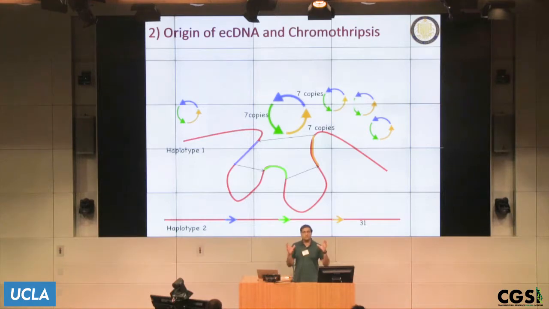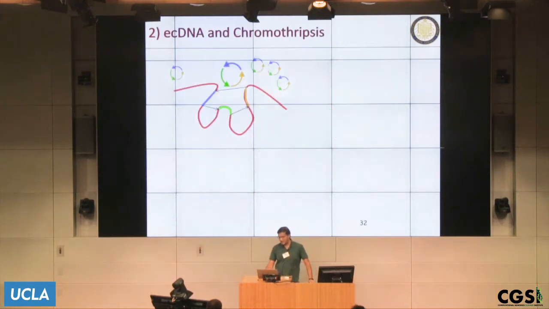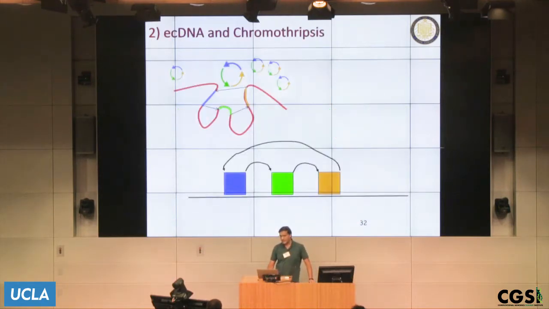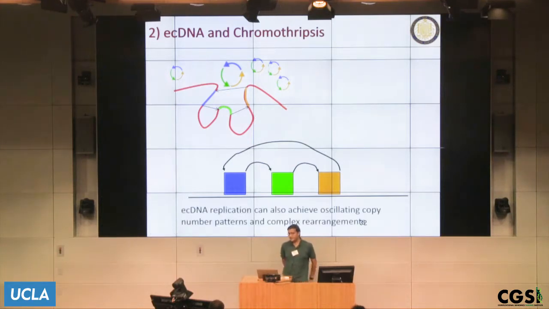Now, if you take your bulk cells which have these episomes, you sequence all the DNA, you map it back along with paired-end mappings and so on, what's going to happen? You're going to get these oscillating copy numbers because these are the only segments that have increased in copy number, and you'll have the rearrangements because they come from different regions of the chromosome or even multiple chromosomes, right? So in a way, this very simple model, which was discovered way back in the 80s, can somewhat explain oscillating copy number patterns and complex rearrangements, right?